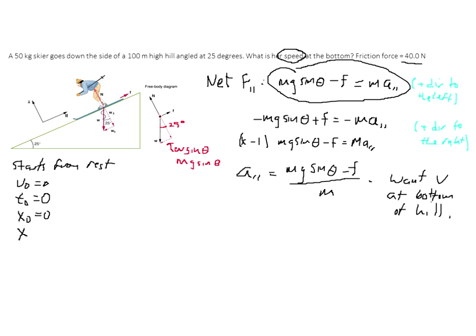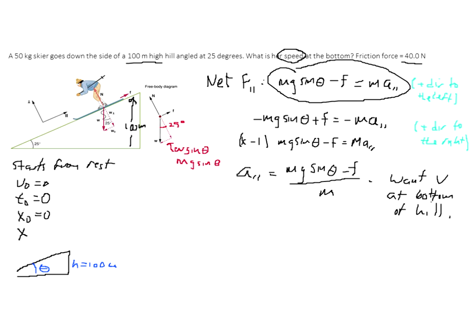X is a bit of a tricky one here because we say that the hill is 100 meters high. So that means that this here is 100 meters. And if we look at our little triangle, we'll use blue. So here we have our h equals 100 meters.